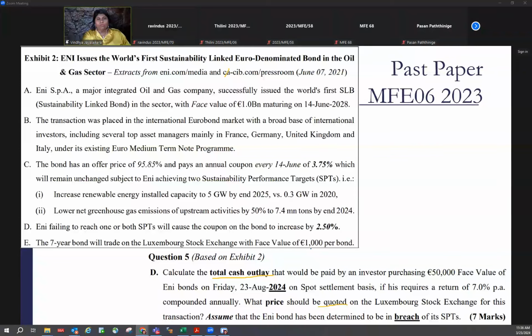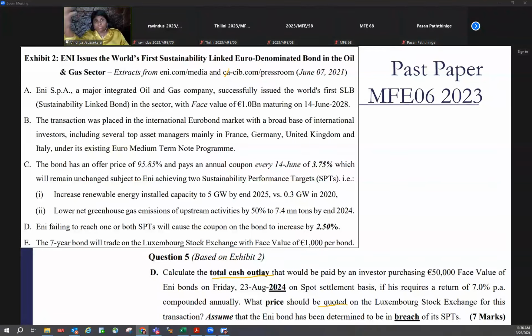Each bond is 1,000 face value. Each single bond is 1,000 face value.